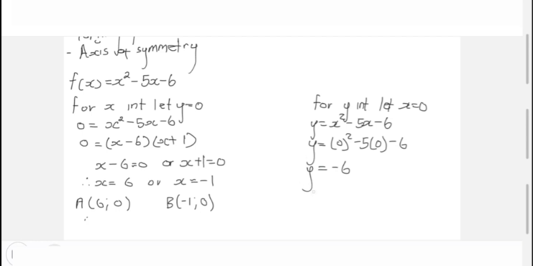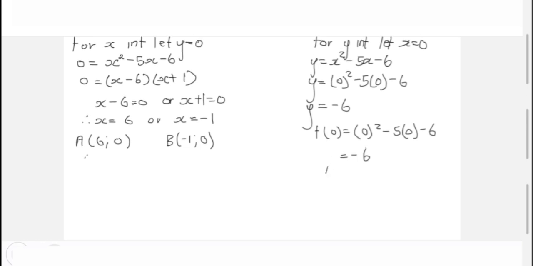Or you can approach it from this view and say f of 0 is equal to 0 squared minus 5 into 0 minus 6, which also results in negative 6 at the end. So we'll call the y-intercept C, which is (0, -6).